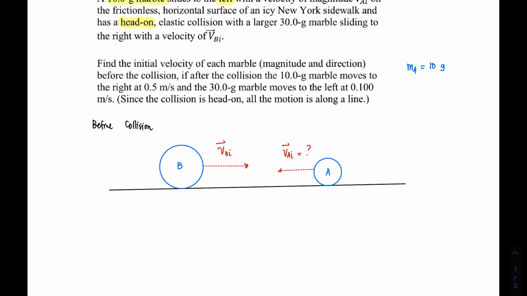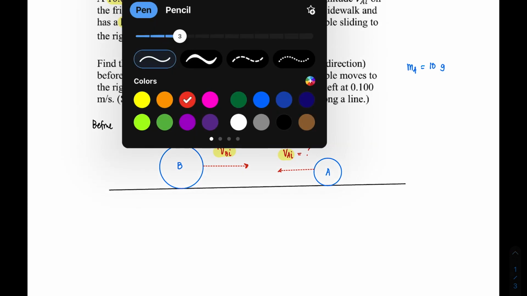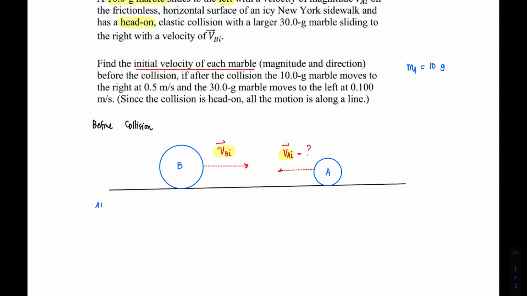Now, over here, it says that you need to find the initial velocity of each of these marbles. It means you have to solve for VAI as well as VBI before the collision. So this is a very special case, or a nice problem, in the sense that this is what I'm talking about in class.